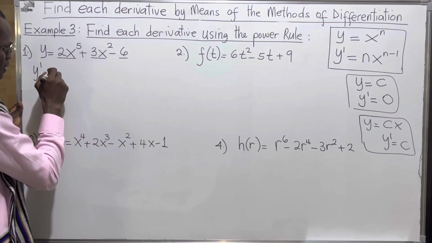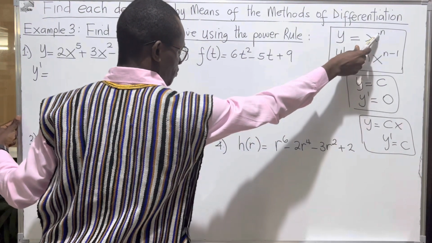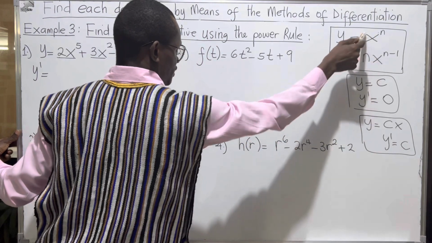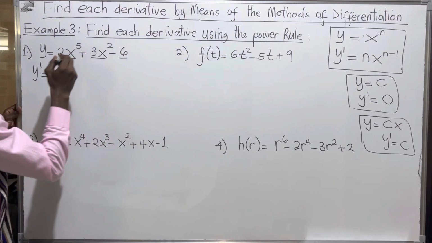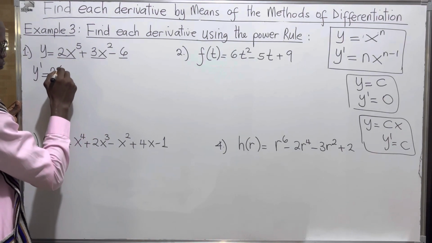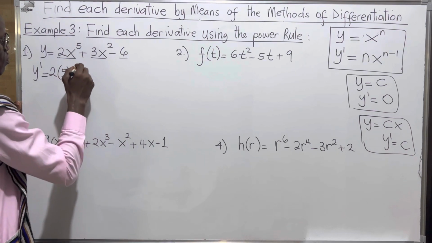So the first one we have, again, take note of the power rule. If you have x raised to the power n, it means you bring this n down, you write the x, and you subtract 1 from n. So the same thing with this. Now it's 2. So we bring this 5 down, we write x, and we subtract 1 from 5.